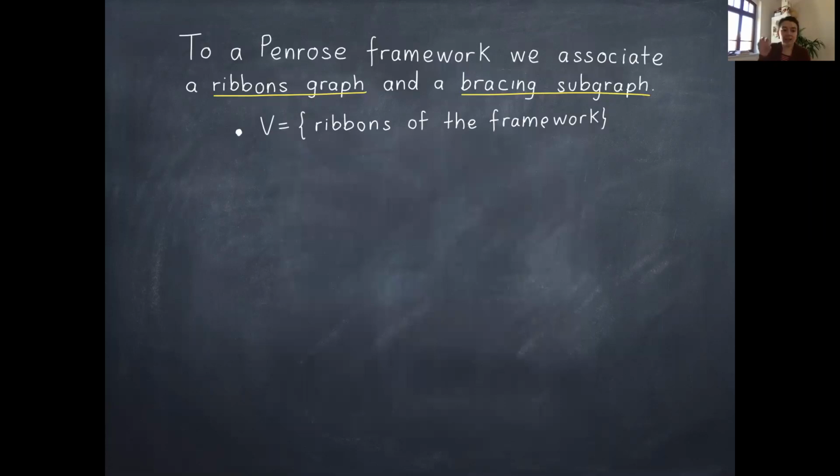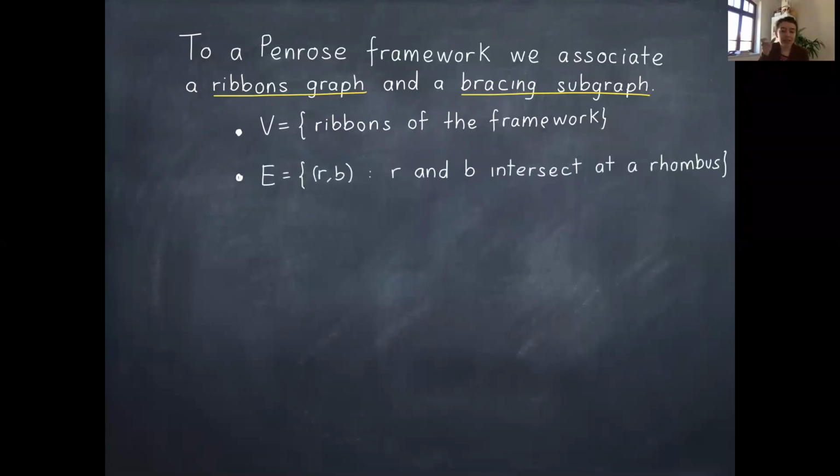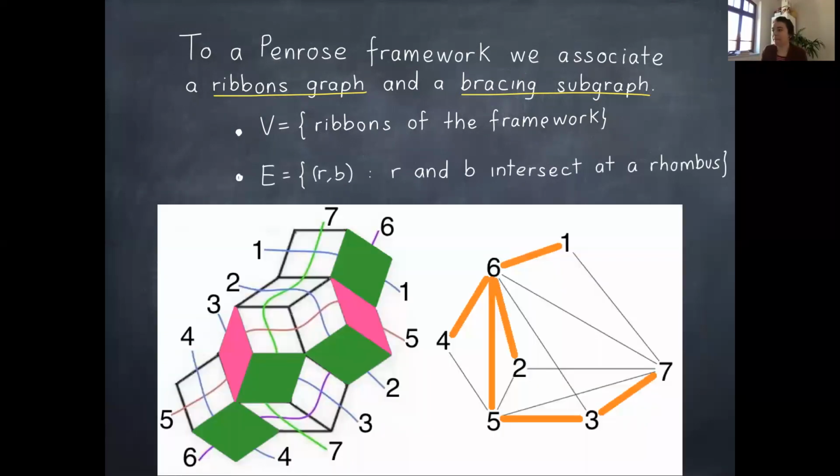So in this graph, the vertices are going to be the ribbons of the Penrose framework. And you have an edge between two ribbons whenever the two ribbons intersect. Okay. So here we have a Penrose framework.